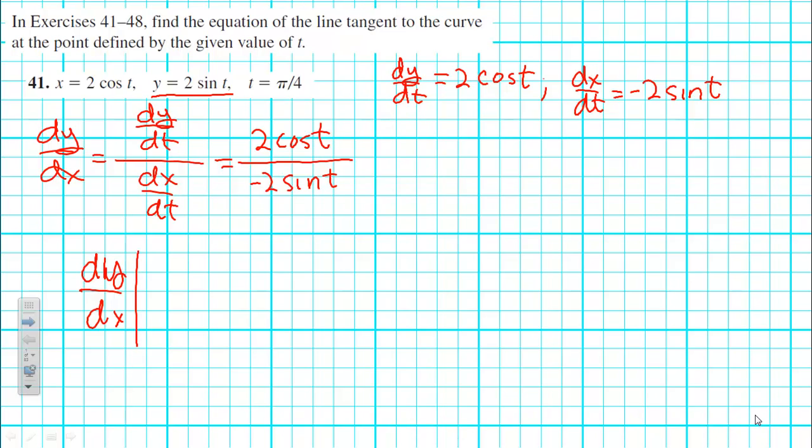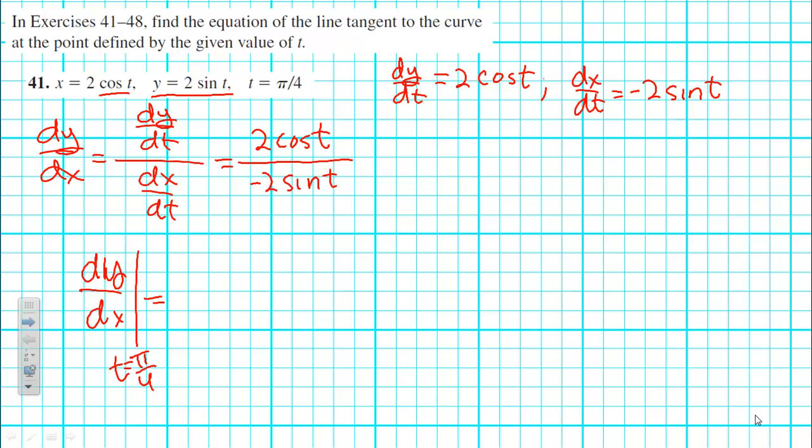when the derivative of cosine is negative sine, all right? So what is the value of dy/dx when t is equal to pi over 4?